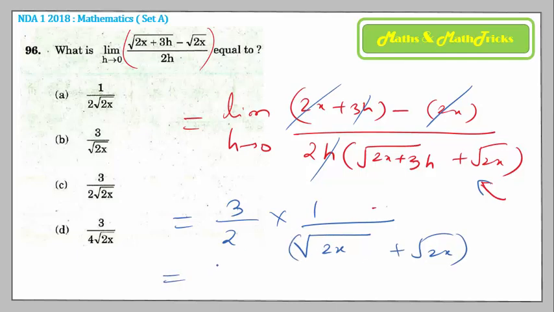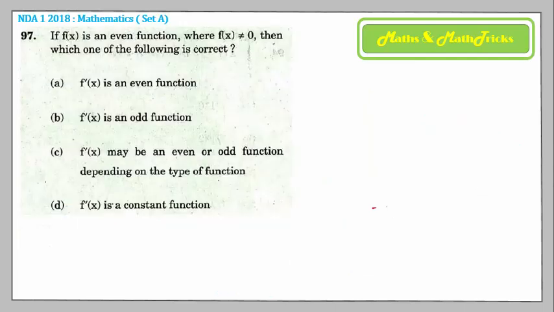So you have actually 3 by 2 times, again 2 times root 2x, because root 2x plus root 2x. So 2 into 2, they are going to be 4 times root 2x. So you can see it's provided in the option. Alright, coming on to the next question.